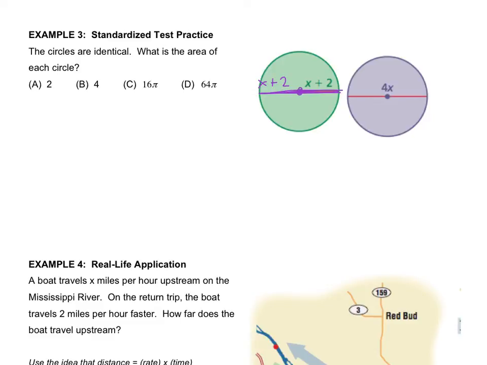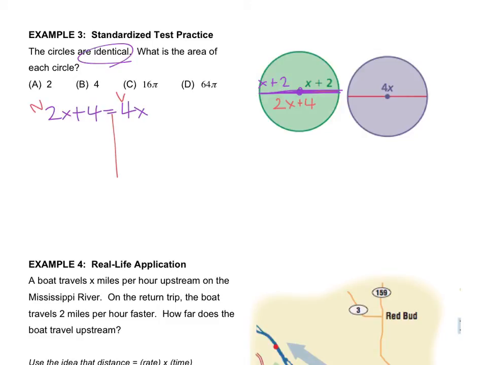So the total circle is going to be 2x plus 4, the total diameter. And then the diameter here is 4x. Since the circles are identical, then 2x plus 4 equals 4x. Okay? Drop a line down the equal sign, and let's bring variables to the right, numbers to the left.